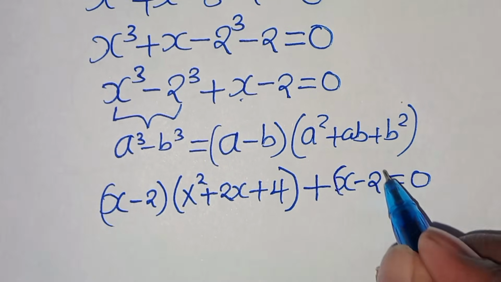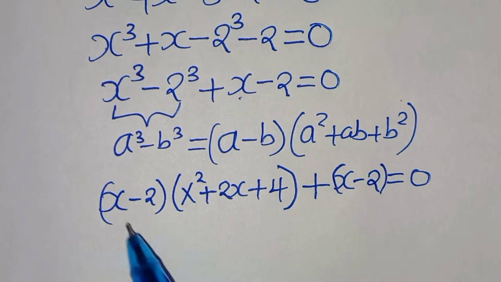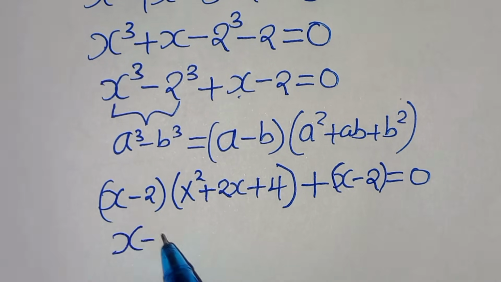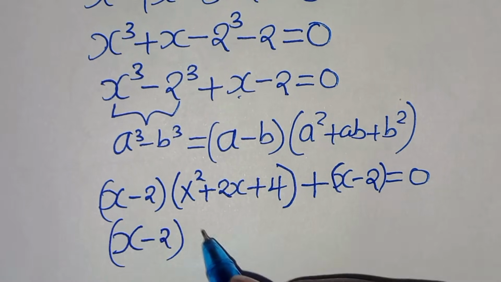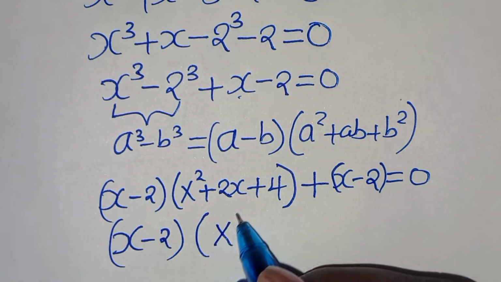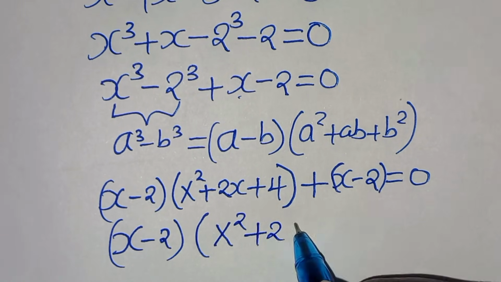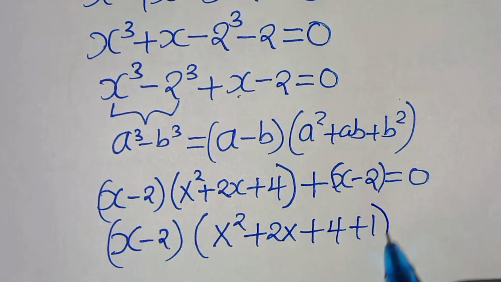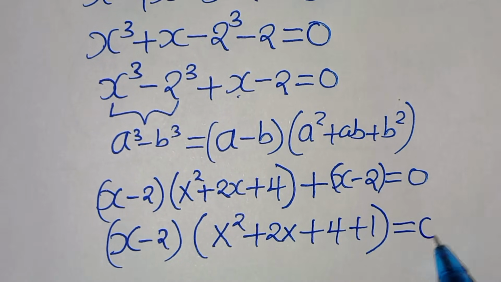So here we have x minus 2 is common. So this means we can factor out x minus 2 into the parentheses. This is x to the power of 2 plus 2x, then plus 4, then plus 1, close the parentheses, equal to 0.